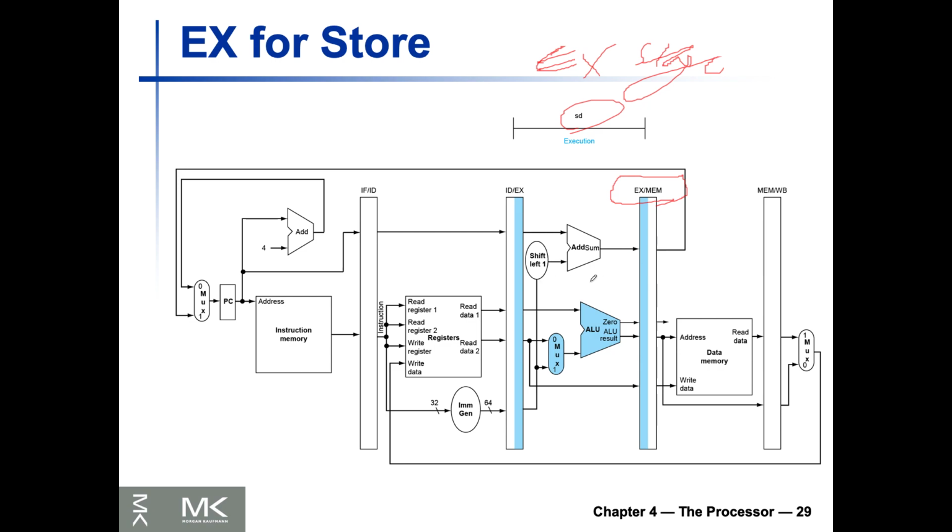So what are the inputs here? One comes from this, one comes from the ALU, and one comes from the other path coming after the register. Can anyone describe what's going to happen here in this stage?